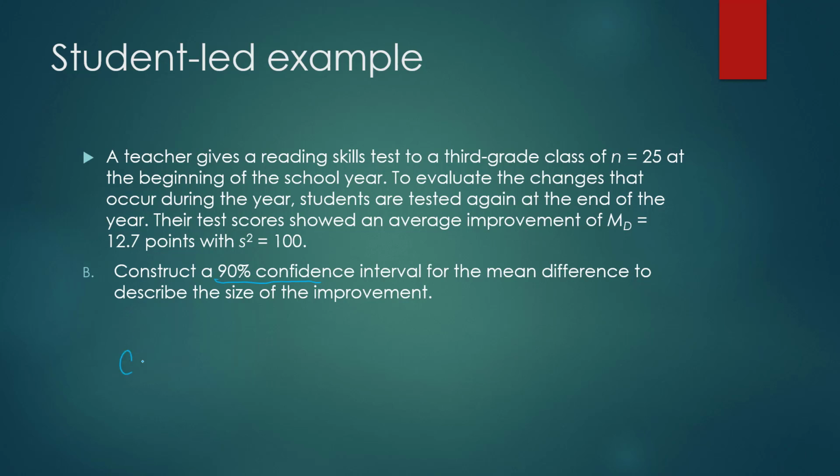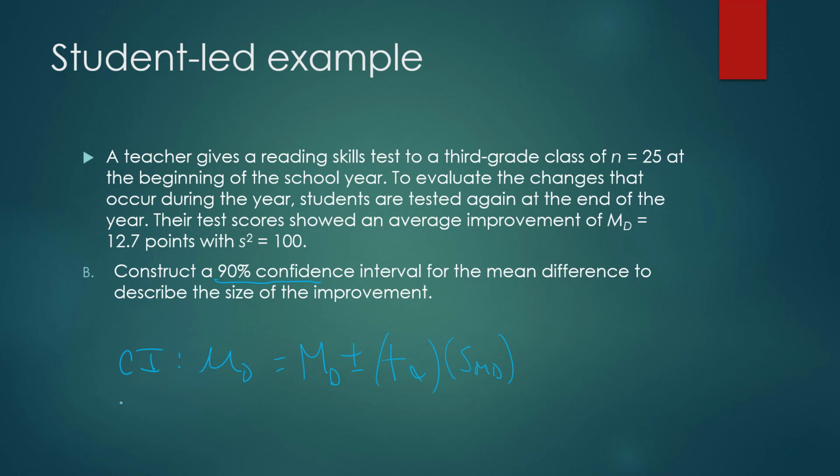The formula for our confidence interval is going to be that our mean population difference will be between the mean sample distance plus or minus our t for our critical alpha times our estimated standard error of the mean difference.